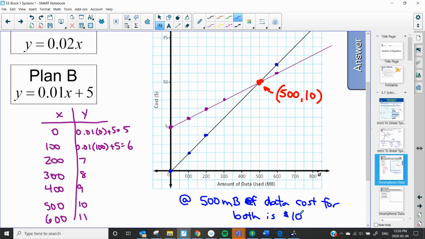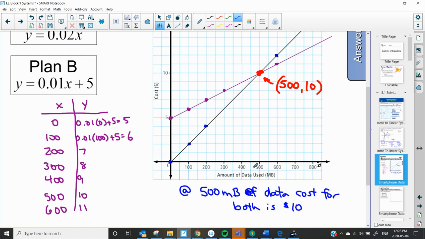So the solution is 500, 10, but when we're dealing with a word problem, we have to actually give meaning to those numbers. So the 500 represents our data, the data used in megabytes, and the 10 represents the cost. So at 500 megabytes of data used, the cost for both would be $10.